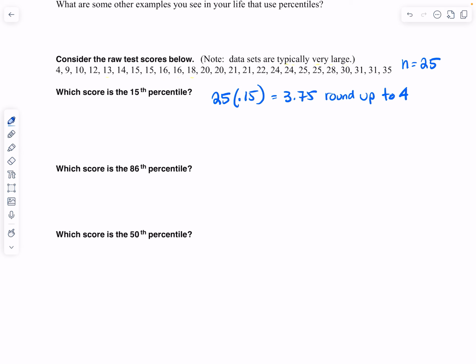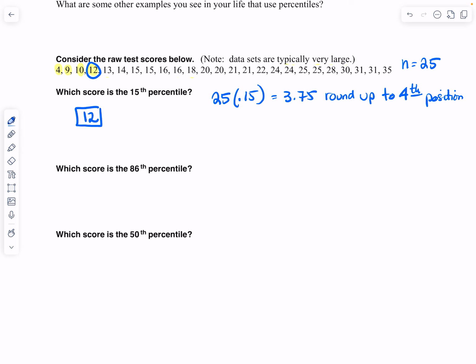So I'm going to count 4 positions: 1, 2, 3, 4. That 4th position is 12, and that is the score at the 15th percentile. So again, make sure you round up to the next position. We were looking at the 4th position, and we found the value in the 4th position.